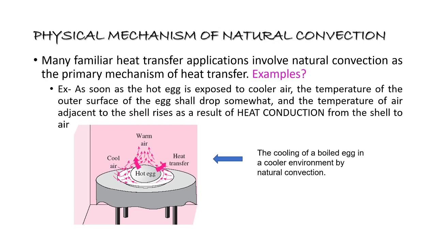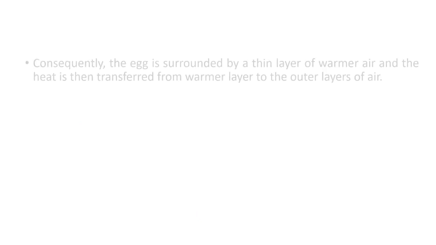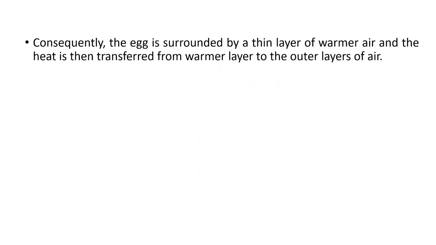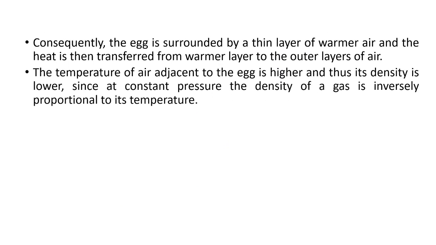Thus we have a situation in which some low density or light gas is surrounded by a high density or heavy gas, and the natural law dictates that the light gas rises. The space vacated by the warmer air in the vicinity of the egg is replaced by the cooler air nearby, and the presence of cooler air in the vicinity of the egg speeds up the cooling process.